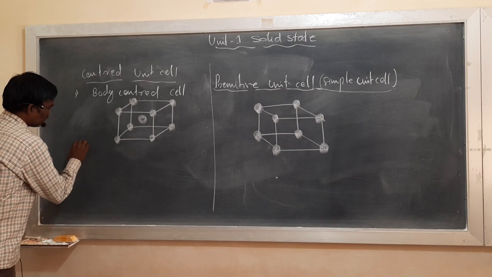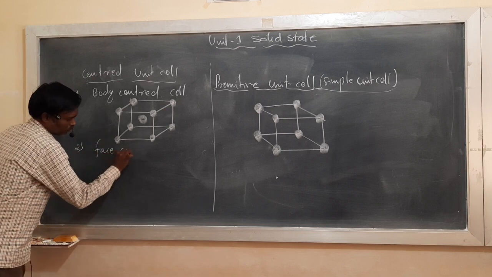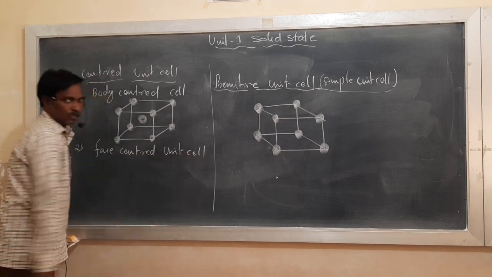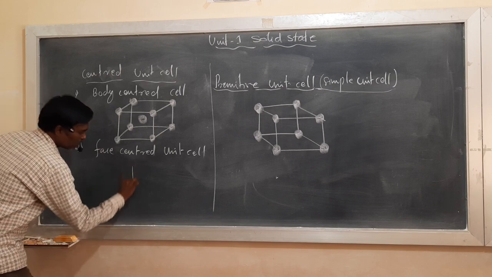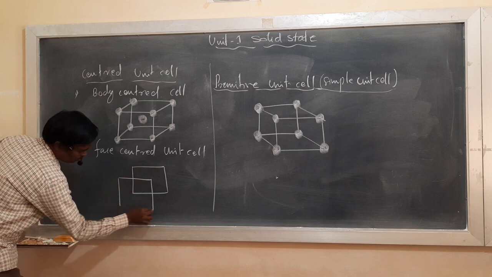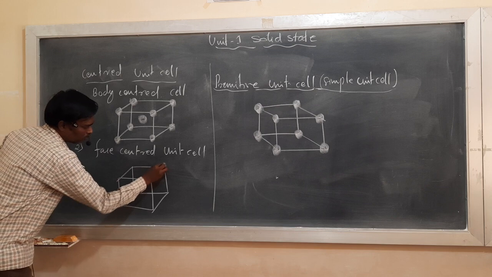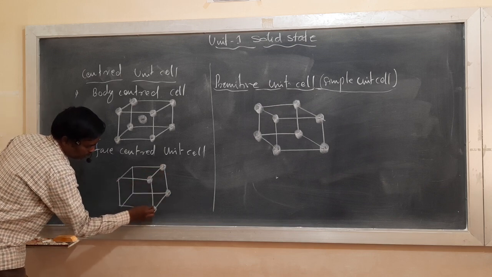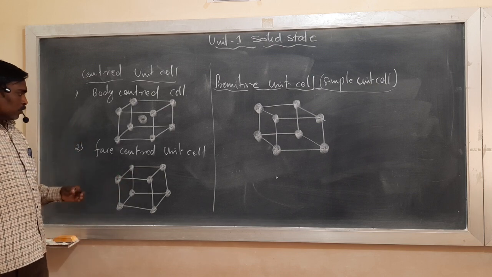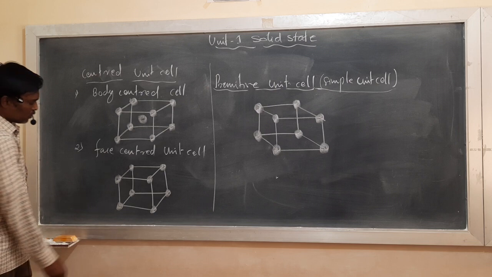And the second type of centered unit cell is the face centered. In the face centered unit cell, again there are 8 corner particles, and one particle is present at the center of each face.